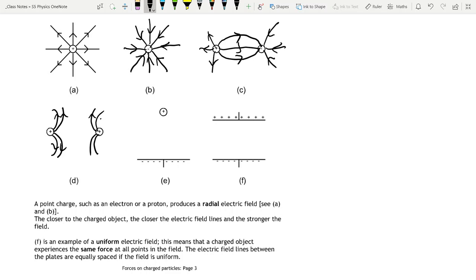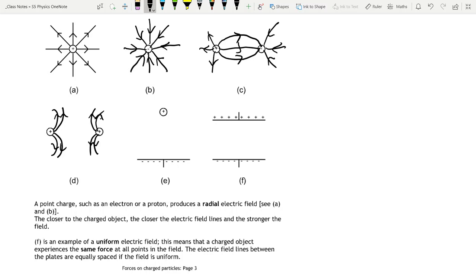And you get this area in between where there's no field. Remember when you had north pole and north pole if you had magnets? Doesn't matter how close they get, as long as they don't cross over. That's fine.